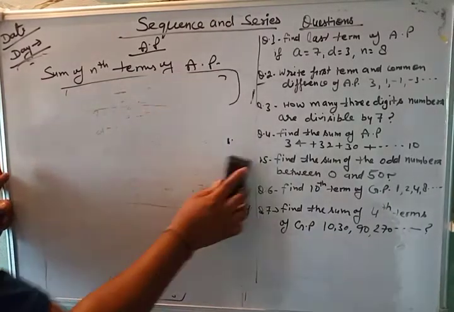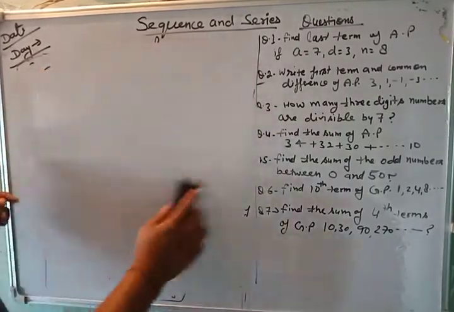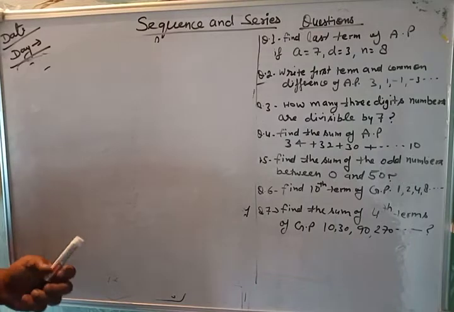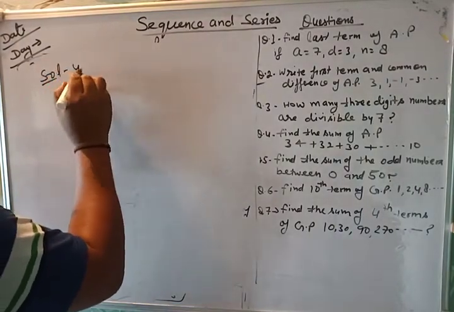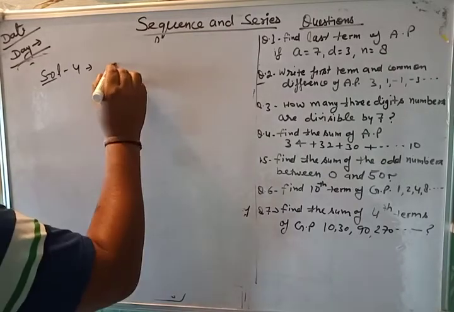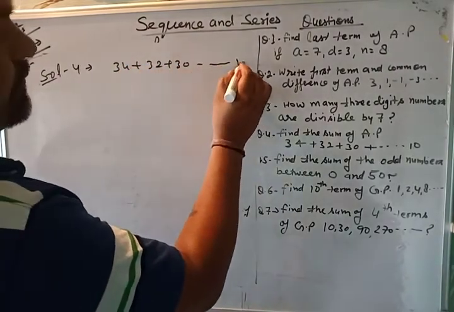The question is there. First question is what? Find the sum of the AP. Solution of question number 4: 34 plus 32 plus 30 up to 10.